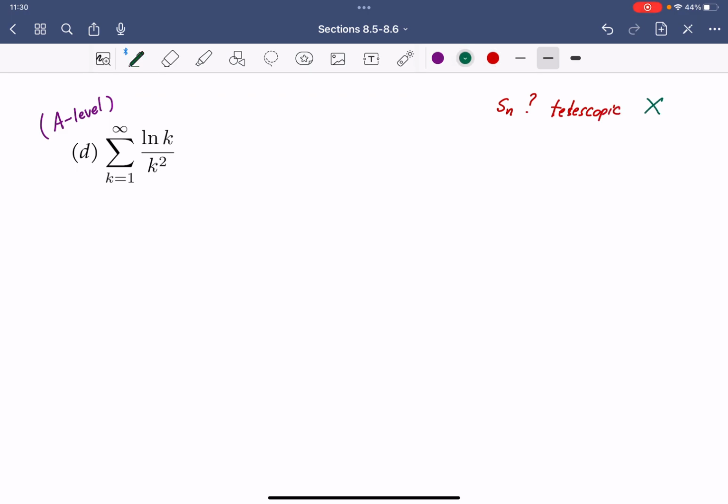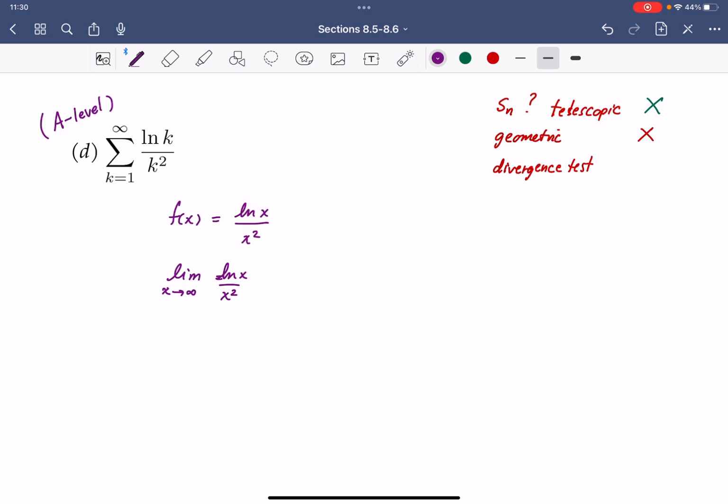No. And then geometric series, is it a geometric series? Not a geometric series, because you have a logarithm here. No. What else? Can you use the divergence test? The divergence test says if the limit is not equal to 0, then you can make a conclusion. So what if I do it? I expand the domain to real numbers, and then take the limit, because I want to know if the limit of this thing equals 0.